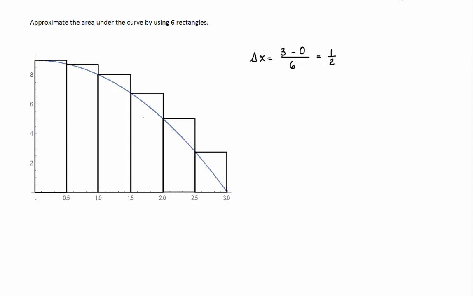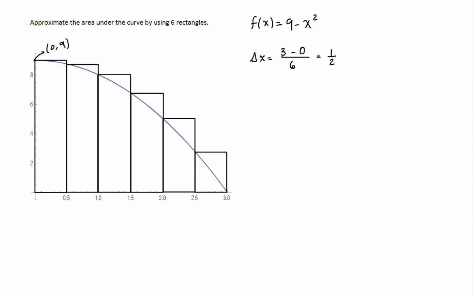Alright, so I drew them. I took my time and they look a little better than the ones I did live. So now the heights. So the height for this one would correspond to 0, f of 0, which is 9. Remember our function. I'll write it here so we keep it visible.